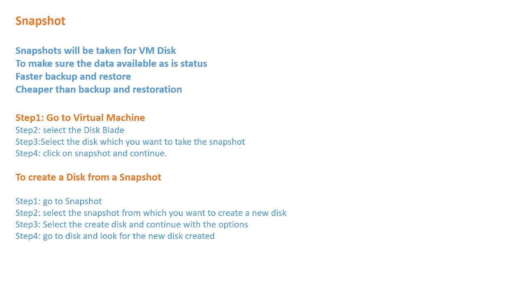Say for example, you have a virtual machine, in the C drive you have some application, and you want to do some application upgrade, maybe Java 7.6 to 7.8 you are upgrading.